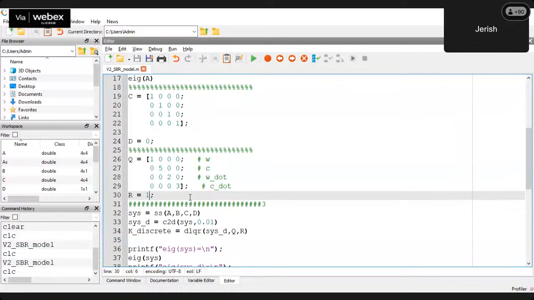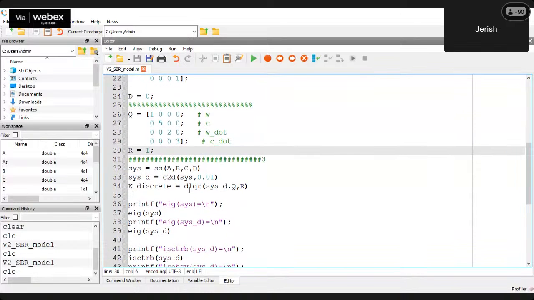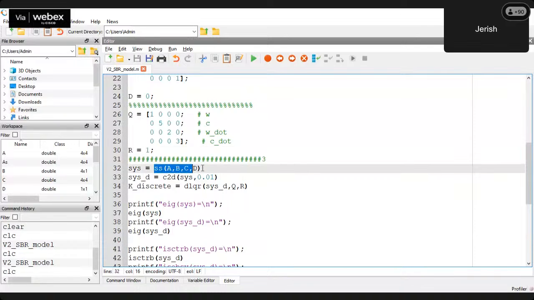If there were multiple inputs to the system, we would be dividing the energy between the inputs. So that's why this is 1. Okay. Now the SS function that we're using gives a state space representation of a system by taking the A, B, C, D matrices that we defined for it, and the discretization step that we saw.